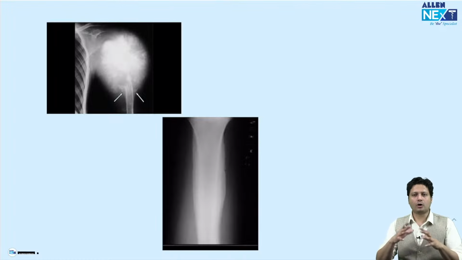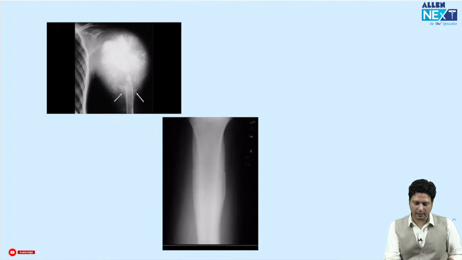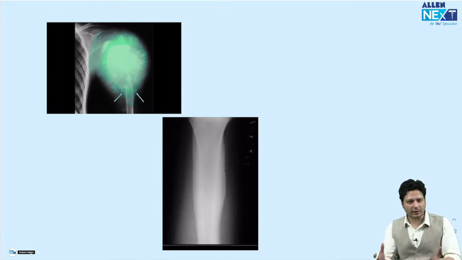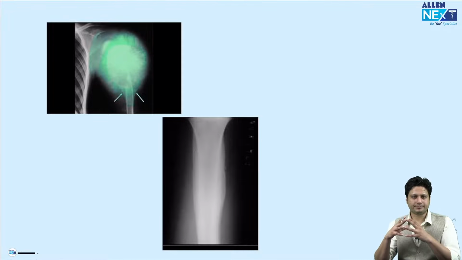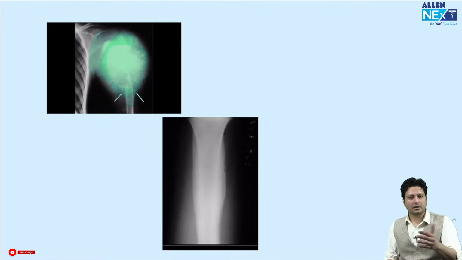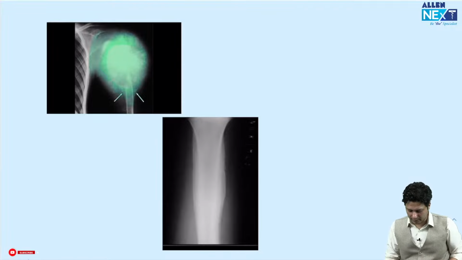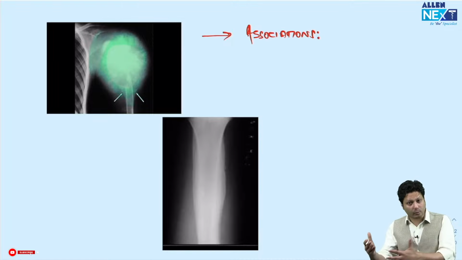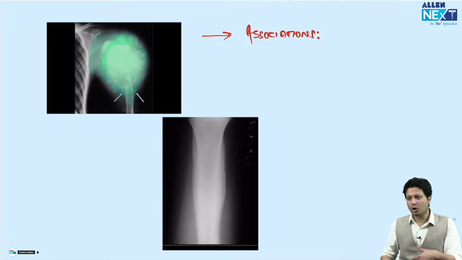Osteosarcoma: everything related to osteosarcoma you are aware of, and how it will appear on x-rays, sunburst appearance, rising sun appearance, the malignant tumor appearances. One thing very important to remember in relation to osteosarcoma is the associations. They are going to ask you about the associations, like retinoblastoma, Li-Fraumeni syndrome, Rothmund syndrome.